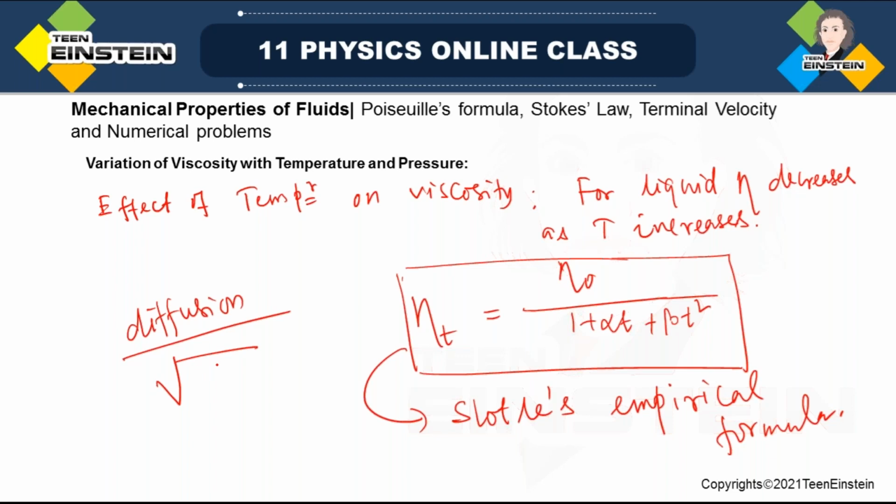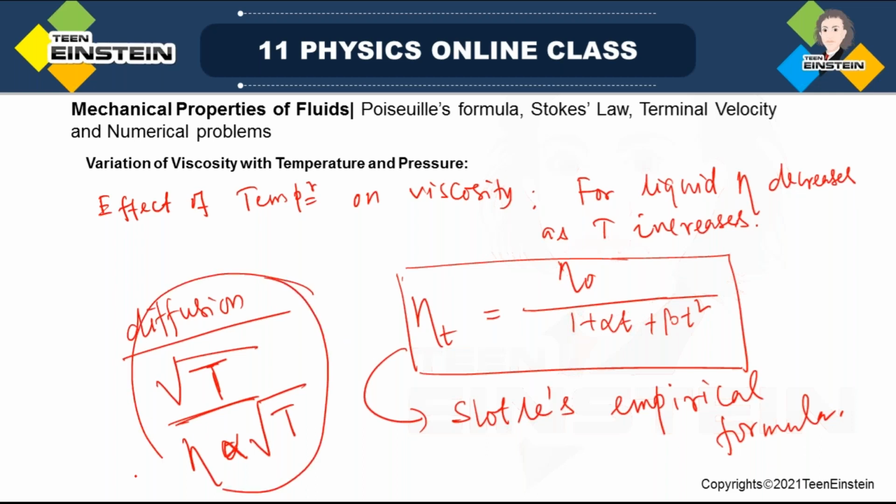Diffusion is directly proportional to the temperature T. Therefore, we can say the viscosity also increases, but it is proportional to the square root of T. This is for a gas, how viscosity changes with temperature.